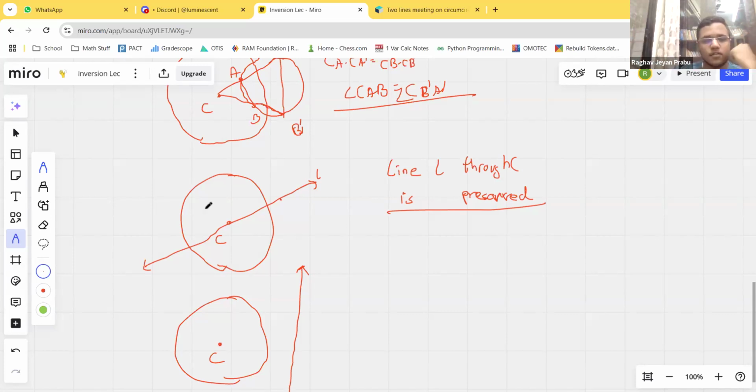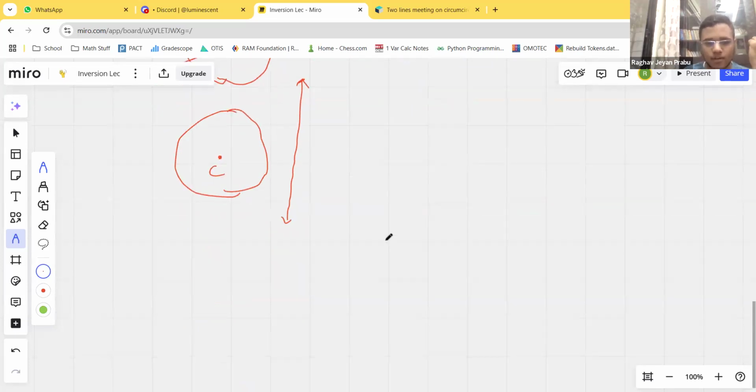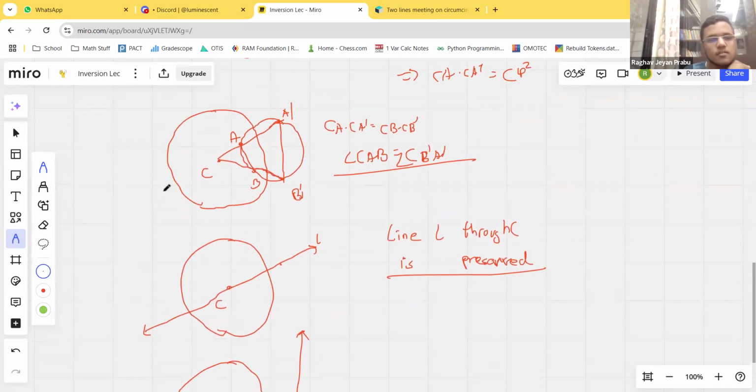For example, if you look at translation, in translation nothing is preserved, right? Because you moved everything by a non-zero distance, you shift it. If you look at a rotation, if I have a center O and a point A, and I rotate this by some angle, say 30 degrees counterclockwise, then A becomes A dash, right?